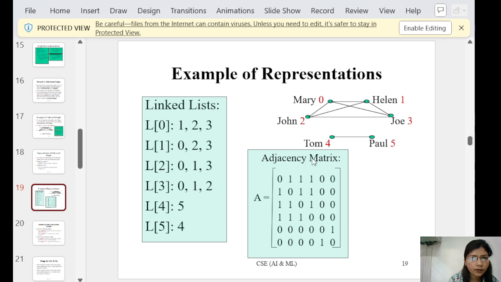This is an example of the representations. Linked list L0 is 1, 2, 3. Then L1 is 0, 2, 3. L2 is 0, 1, 3. Then L3 is 0, 1, 2. L4 is 5 and L5 is 4.